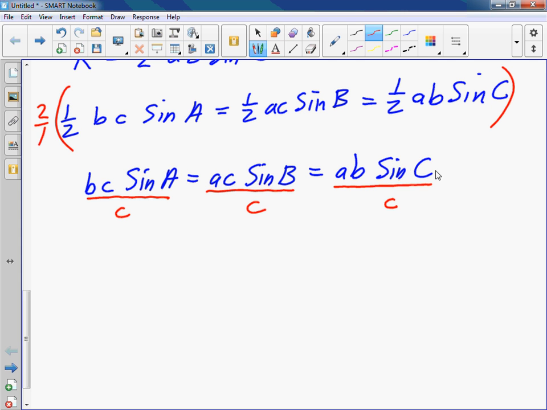They do, but this is sine C and this is sine A, so we cannot call that common. They both have a B, exactly. And thank you for not saying I don't know, even though you felt like it. So we're going to divide by B. We're going to divide by B.